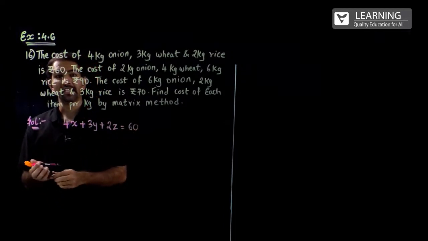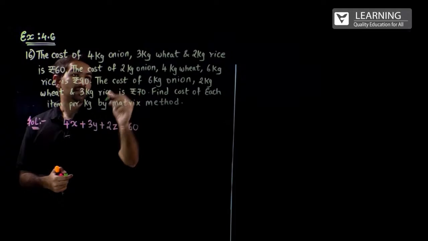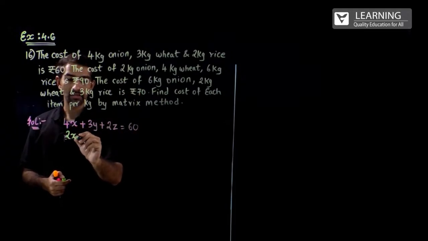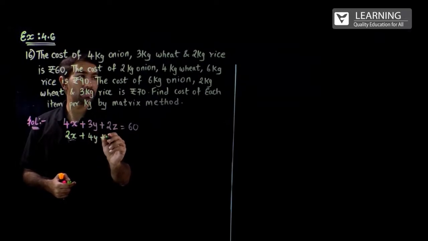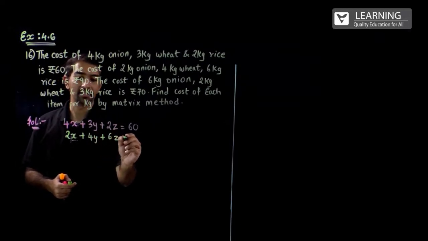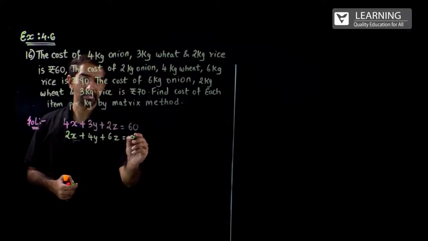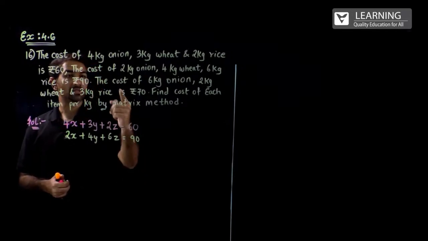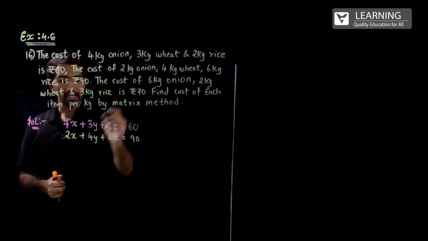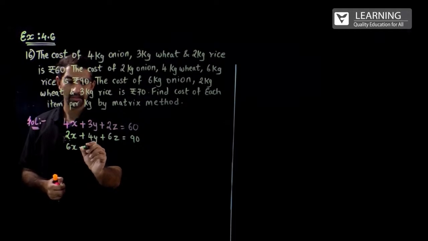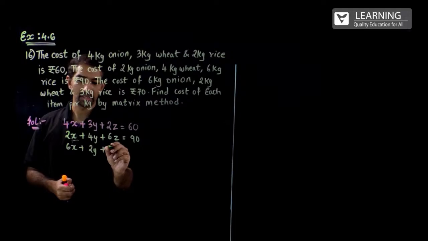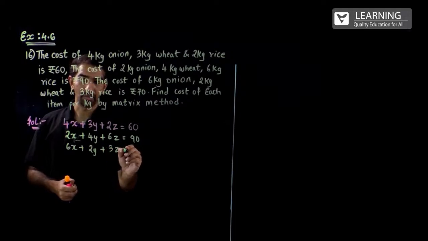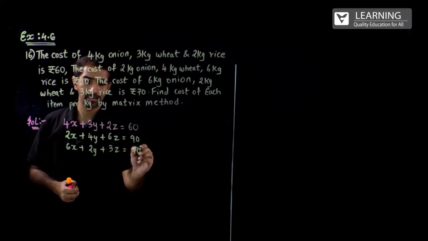Correct? Next, 2X plus 4Y plus 6Z equals 90. Next, 6X plus 2Y plus 3Z equals 70.